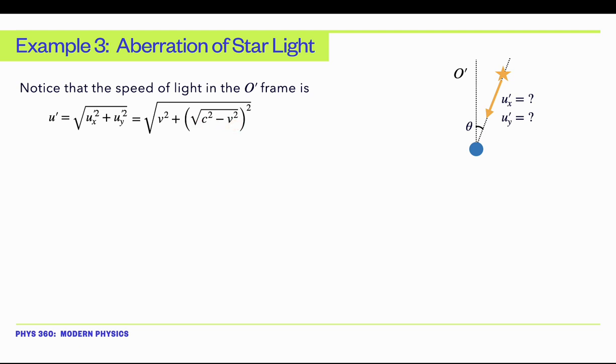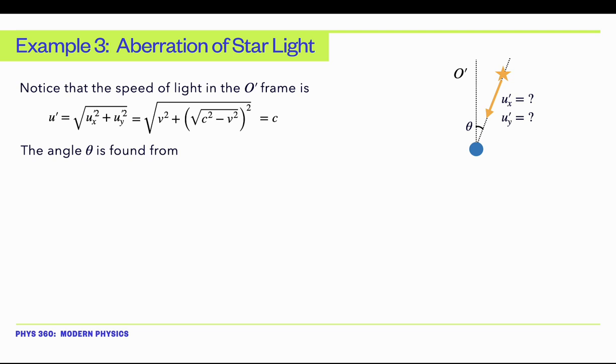So we square the square root, the square root goes away, and then we have a v squared minus v squared, so we have the square root of c squared. So in fact, it checks out to be c. So that's good. That's just like a reality check to make sure our component expressions were on the right track.